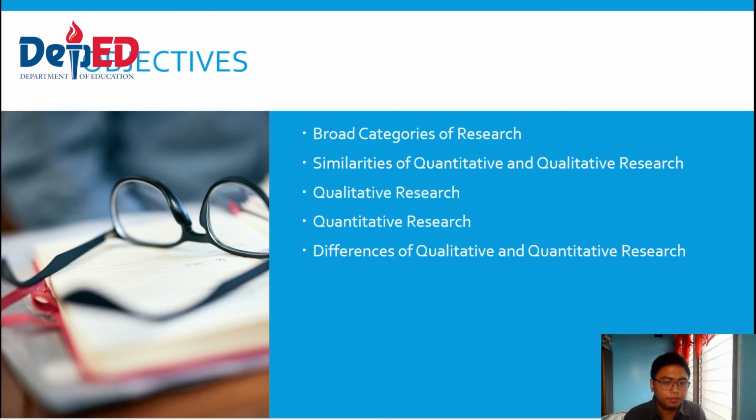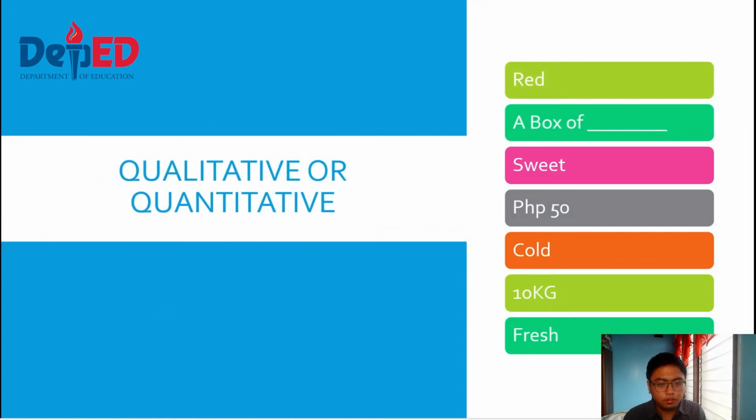quantitative research. So first, which among these words can you consider quantitative or qualitative? You may post this video and write your answer in the comment section. So, if you notice, red, sweet, cold, and fresh are qualitative in nature.